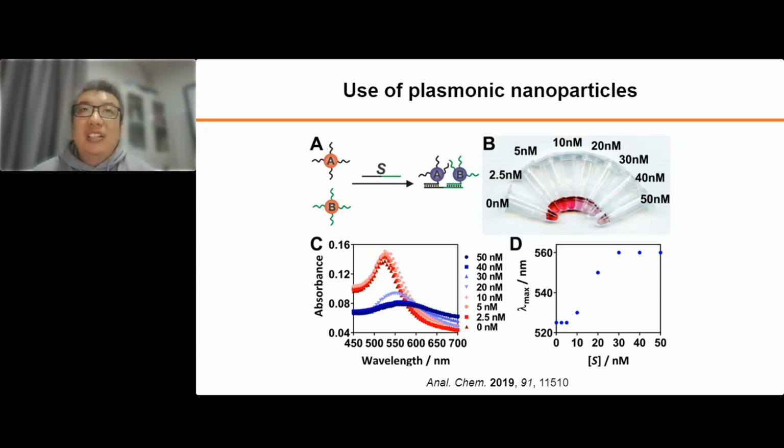However, if we have additional cross-linking DNA, as denoted here, to cross-link the gold nanoparticles so that they come close to one another, then there is going to be a plasmonic coupling, and the wavelength would shift from 520 nanometers to over 600 nanometers. So the solution of gold nanoparticles would change from red to blue. This strong color contrast would give us a signal for the color readout.